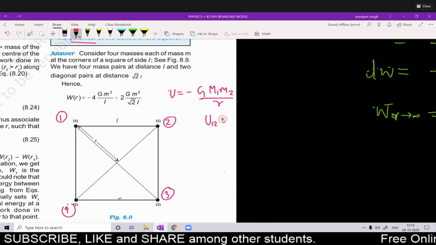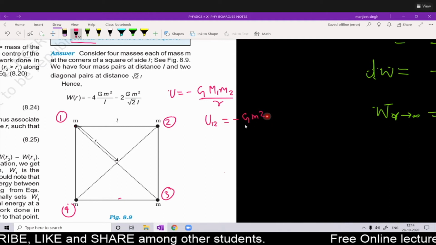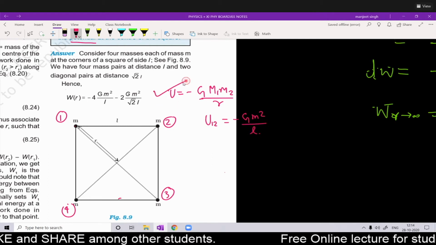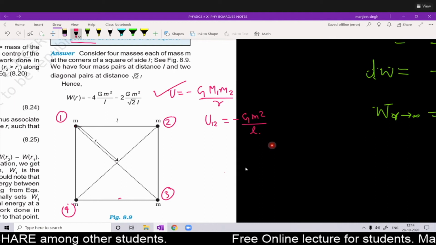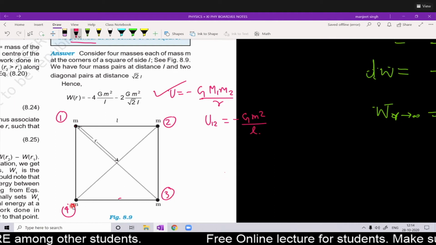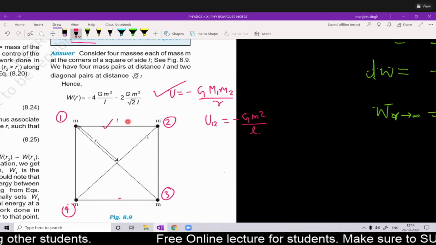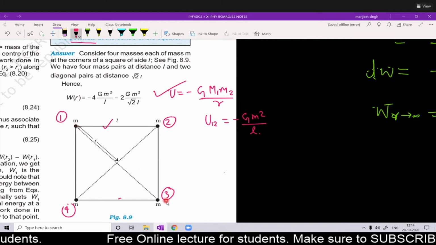U12 pair: minus G m square upon L. This is from the formula G M1 M2 upon R. Then 3 also is there, 4 also is there, so we will make pairs. This pair has been taken. Now we will make a pair of 1 first with 3.